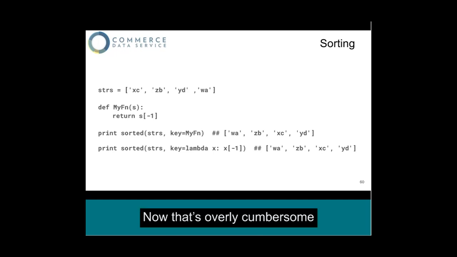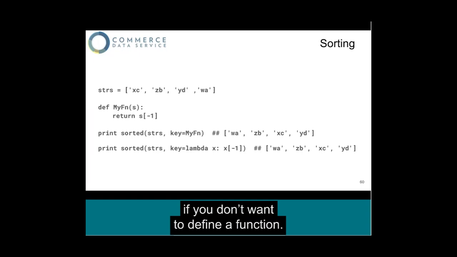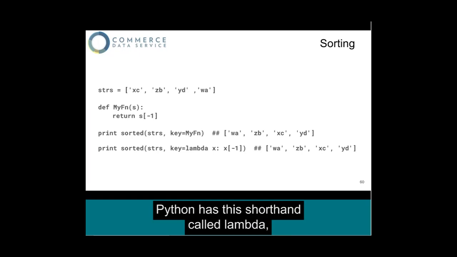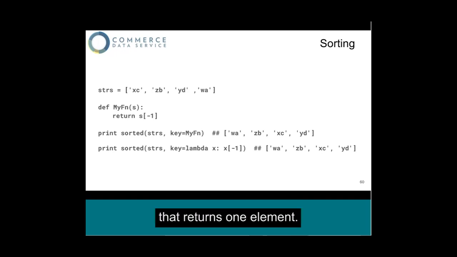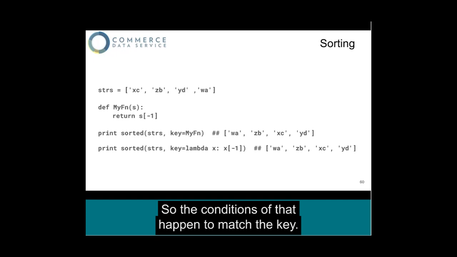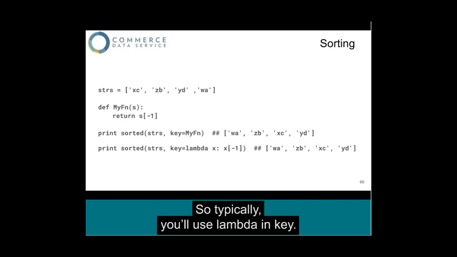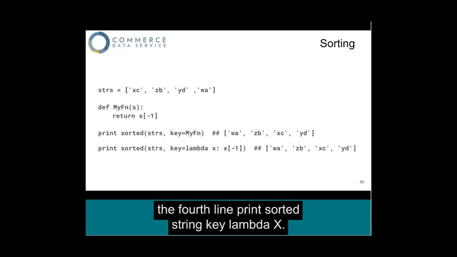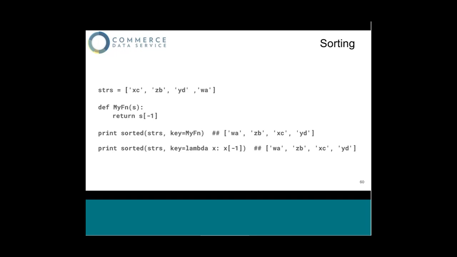Now that's overly cumbersome if you don't want to define a function. Python has a shorthand called lambda, which is a way of defining a very short function that returns one element. So the conditions of that happen to match with key. So typically you'll use lambda and key. So you'll see the fourth line, print sorted strings key lambda x.